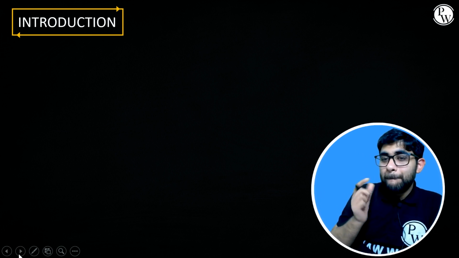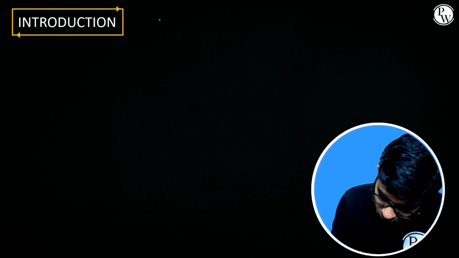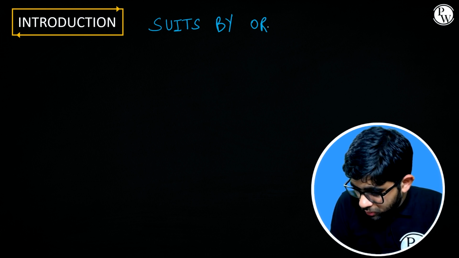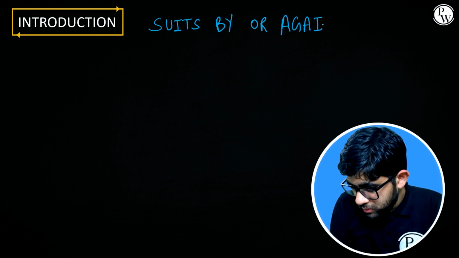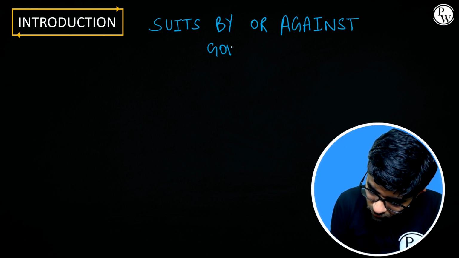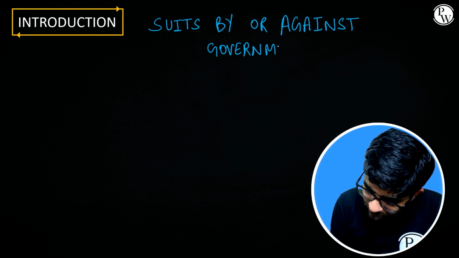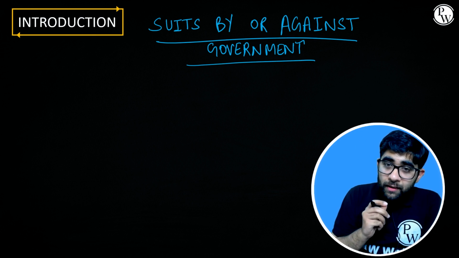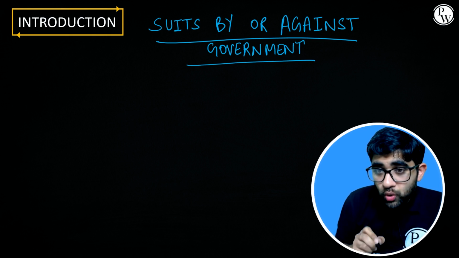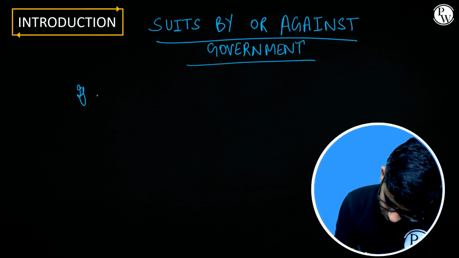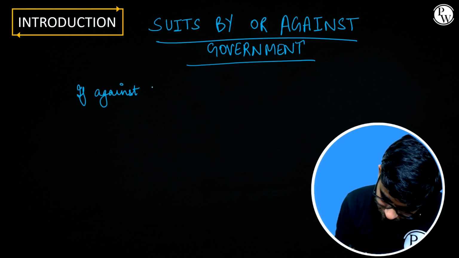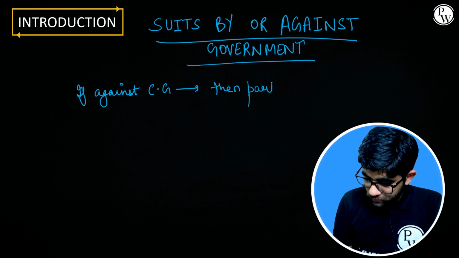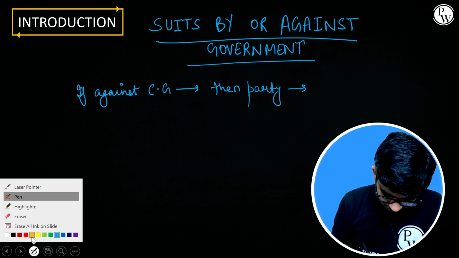Now, next is suits by or against government. Suits by or against government: if the suit is against the central government, then the party will be Union of India.